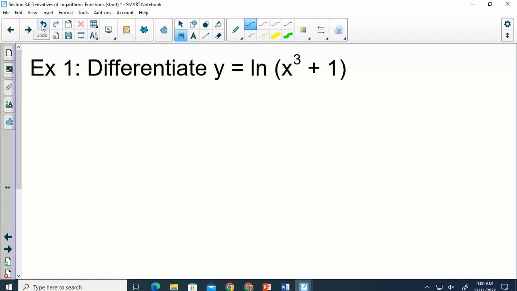All right, so let's do some derivatives. Most of my examples are going to involve natural logs, because almost all of our problems will be e's and natural logs. We don't use the other one very often. So the derivative, what's the rule?